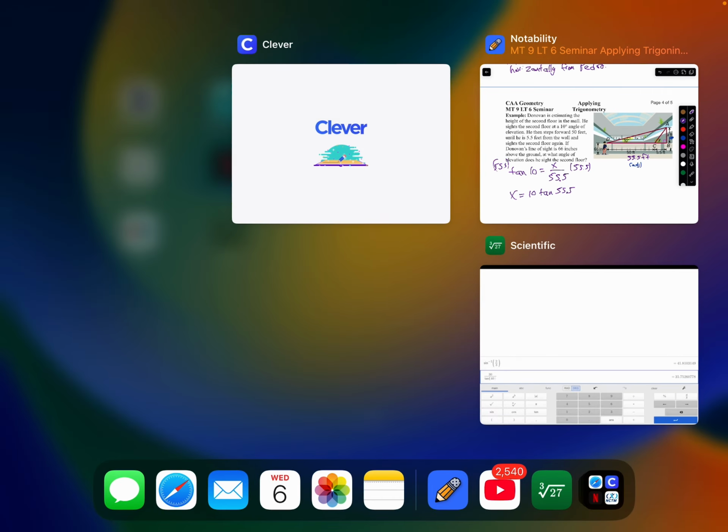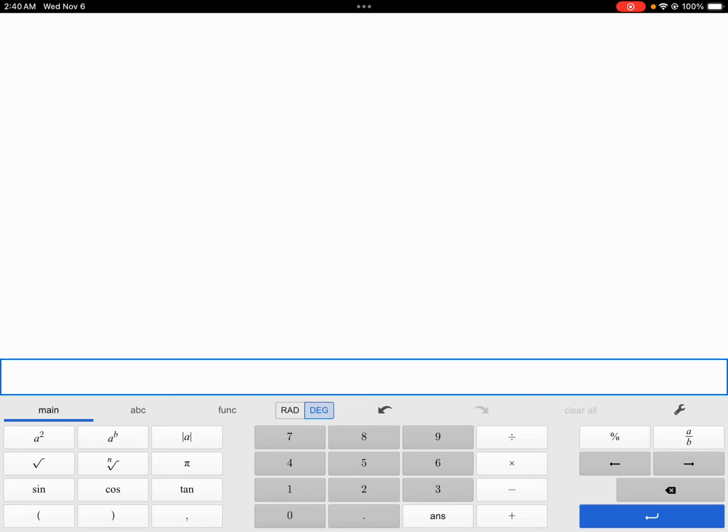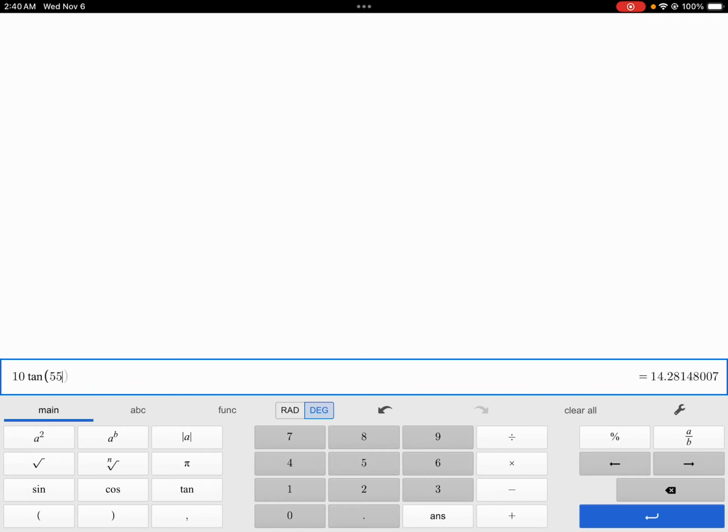So if I take 55.5 times the tangent of 10 degrees, I'm not going to just write 10. I'm going to say 9.79.